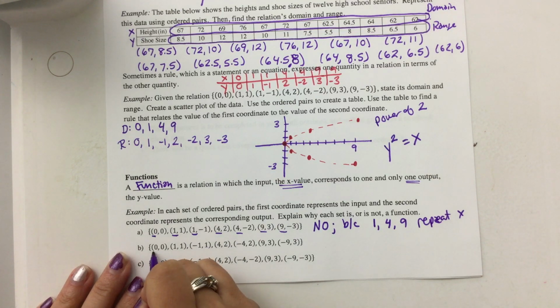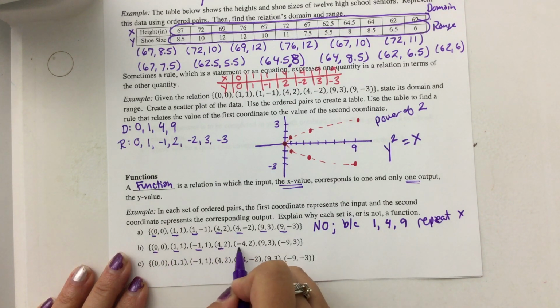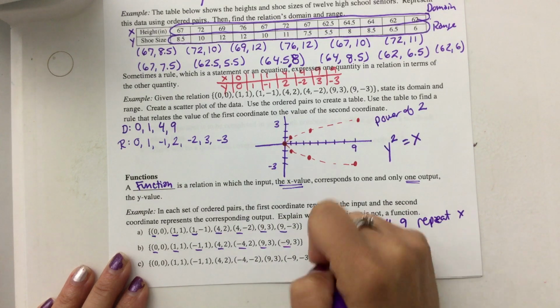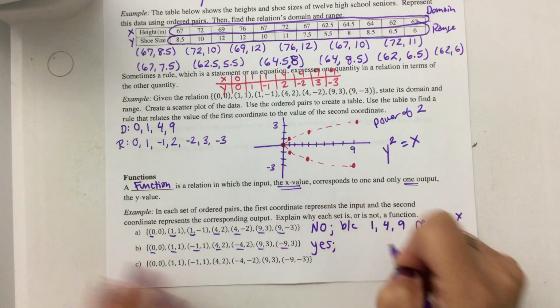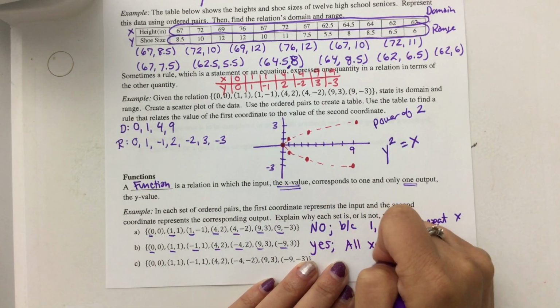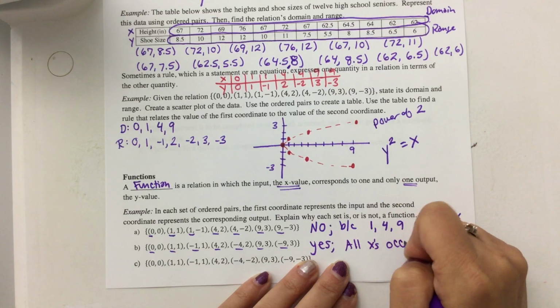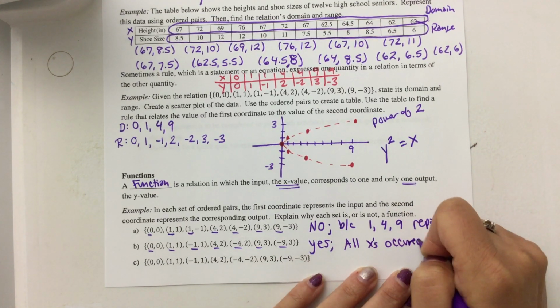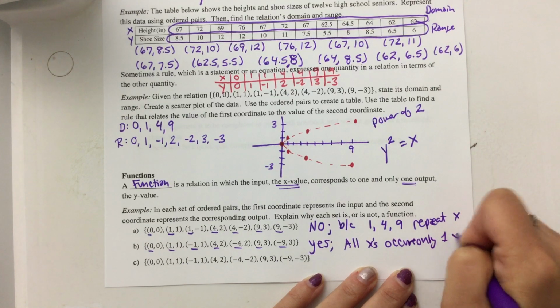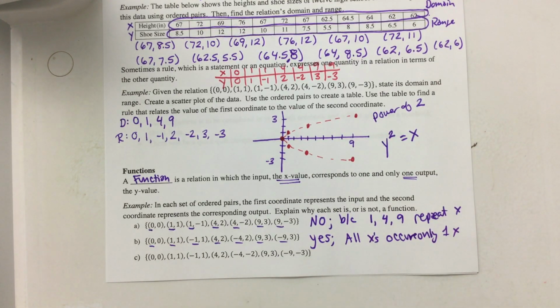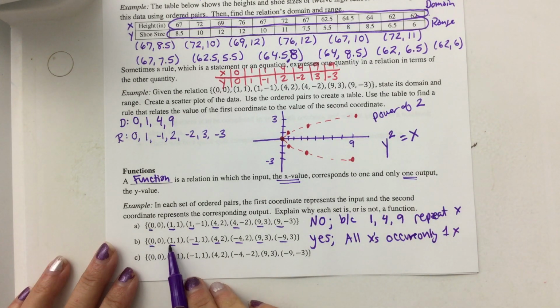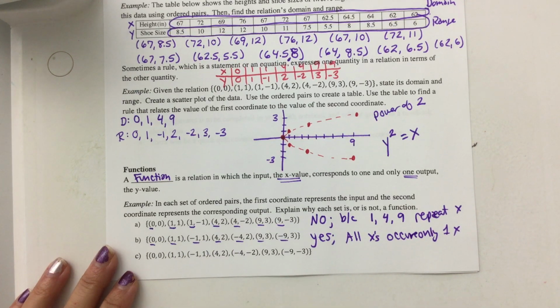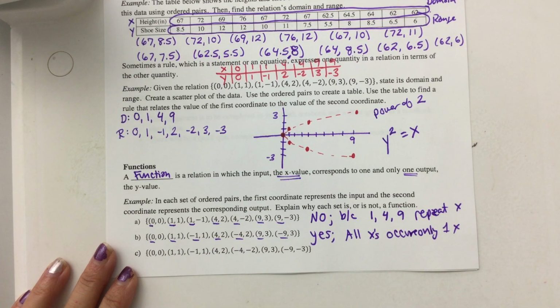If I look at B, 0, 1, negative 1, 4, negative 4, 9, negative 9. Yes, that's a function because all x's occur only one time. Sorry, I'm talking and writing at the same time. I get excited. So here, if you look at the x values, every single x value is unique, meaning it's different.